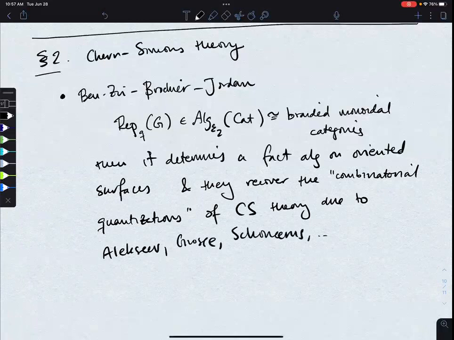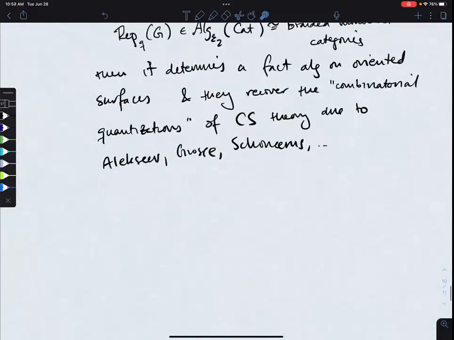Those are the names I know. So they give a new construction of these combinatorial quantizations just using this factorization technology. There's like no physics in this case, it's just doing algebra, but it's really neat that it gets back these answers that these other people found by more physical type of thinking.